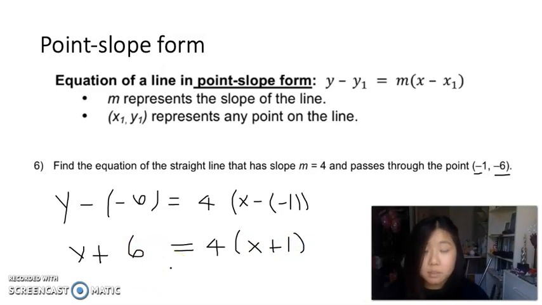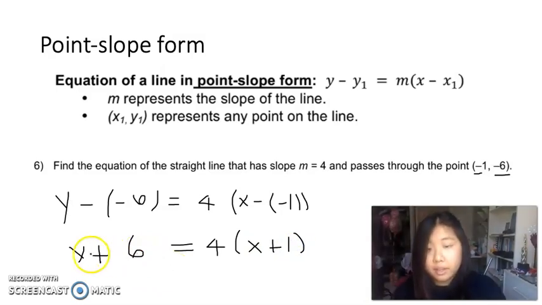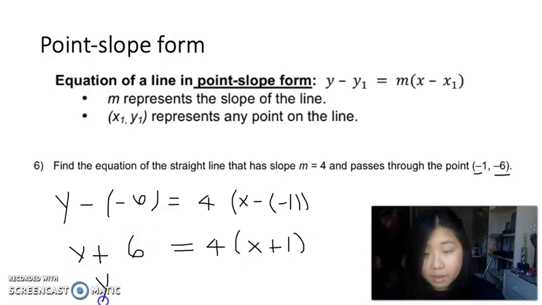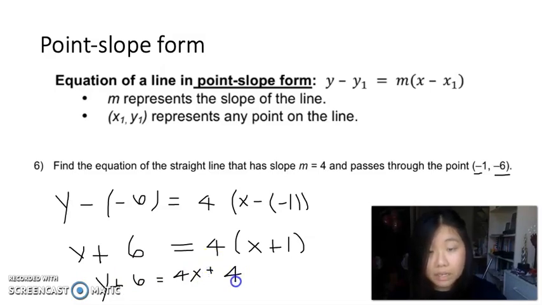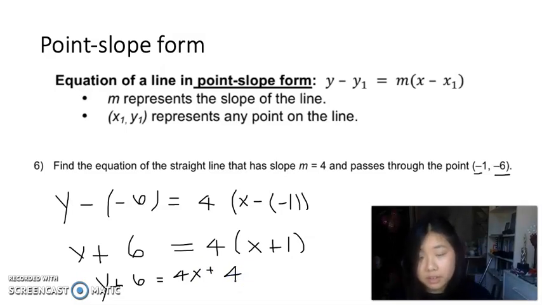We can leave it like this, but we can also further simplify. So y plus 6 equals 4x plus 4. And what I just did is I multiplied the 4 out, distributed it. So it's 4 times x plus 1, or 4x plus 4.